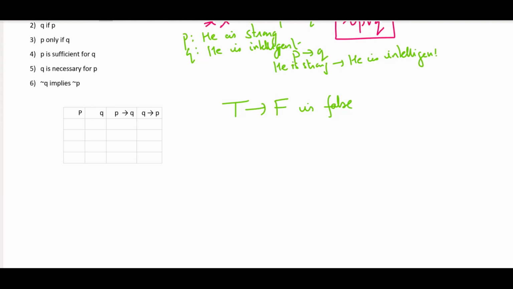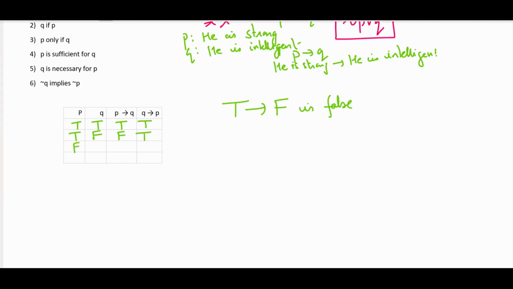Now check this truth table. If P has truth value T and Q is T, true implies true will remain true. Q implies P is again true implies true, answer is true. But if P is true, Q is F, then P implies Q means true implies false, my answer is false. Q implies P means false implies true, my answer is true, because there is only one case when your answer is false, and that is true implies false.